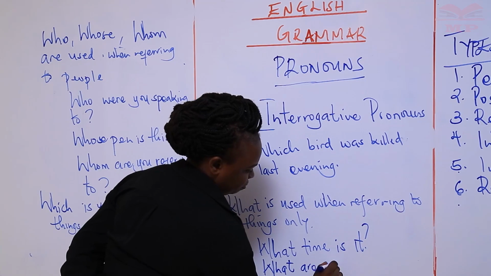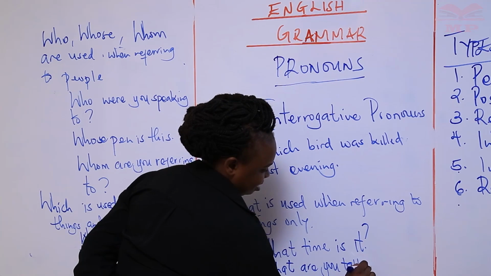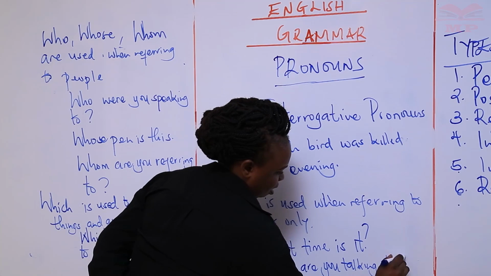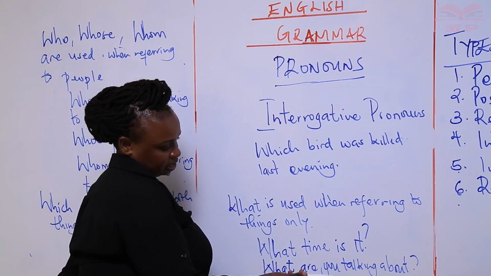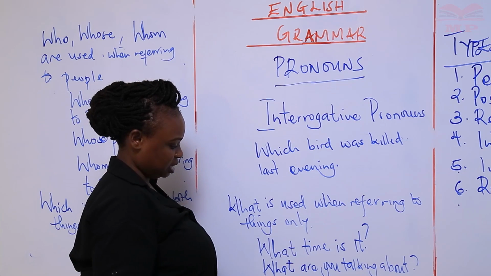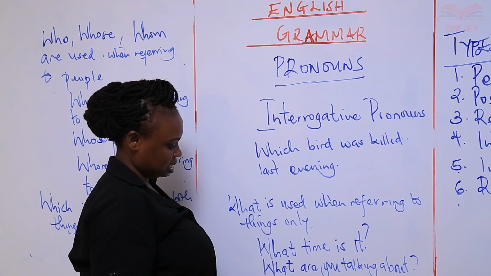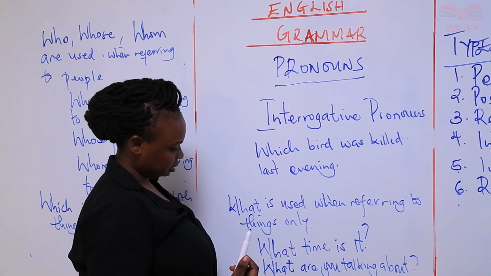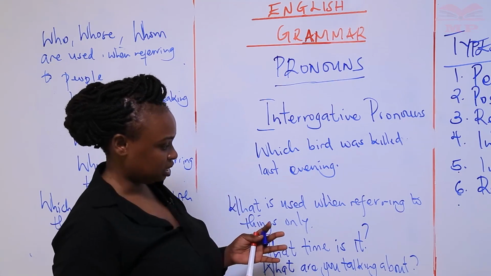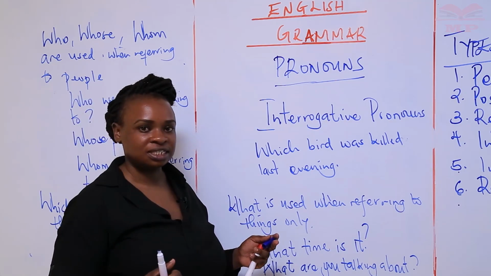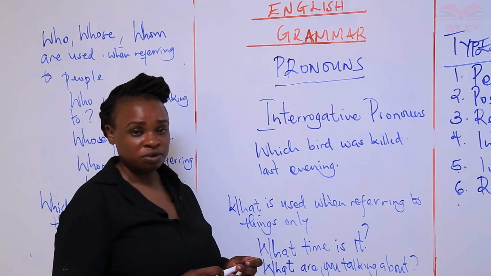What are you talking about? What time is it? What are you talking about? All right. Basically, those are the types of interrogative pronouns in their different usages. So I'm going to give you a short exercise on the same before we go on.